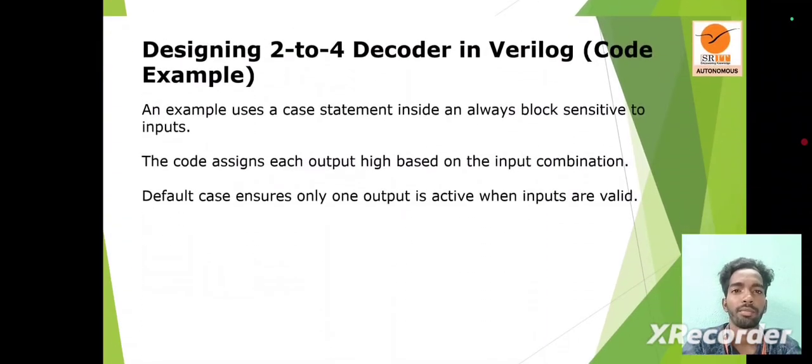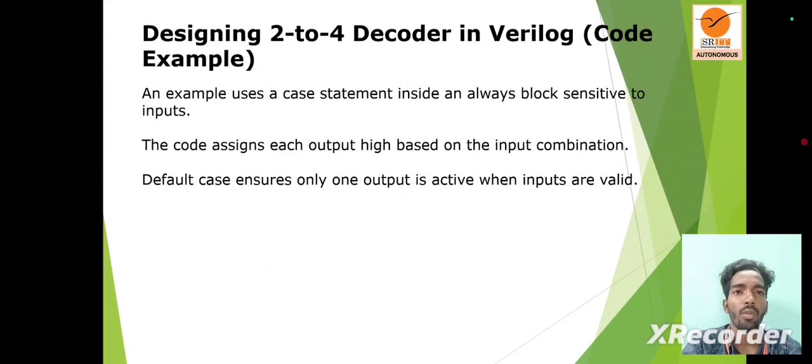And next, designing the 2-to-4 decoder in Verilog. Code example. An example uses a case statement inside an always block sensitive to inputs. The code assigns each output high based on the input combination.